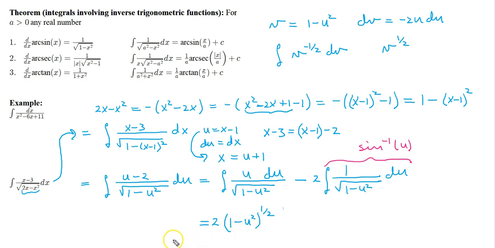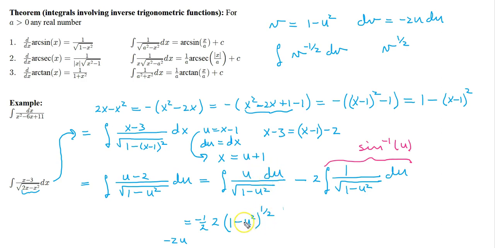Now the derivative of the inside is negative 2u, but we only want u. So I'm going to also have to multiply this by negative 1/2 to cancel this negative 2. And there we go. This is the full antiderivative for this up here.